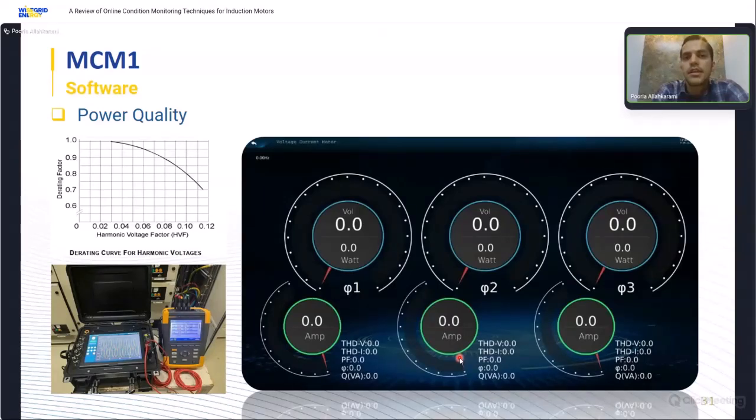This device can generate a PDF report based on the power quality and offers us a better view of the power quality status. For example, some standards like NEMA mandate the motor input voltage magnitude, the frequency, and the imbalance in the voltage input. If these values exceed the acceptable limit, the motor capacity must be derated or the motor should be turned off and tripped.